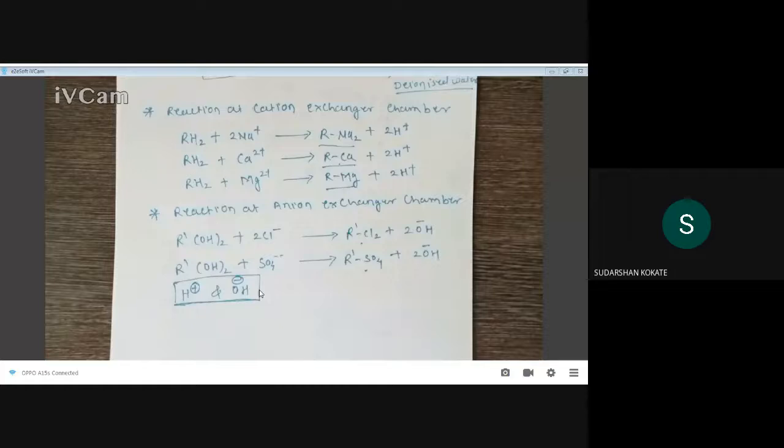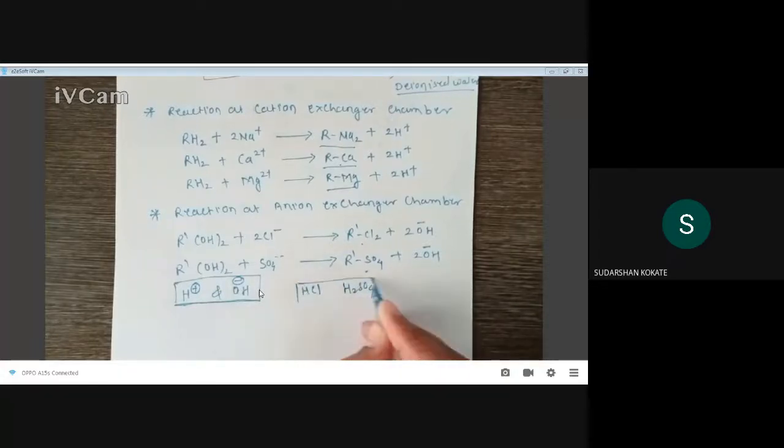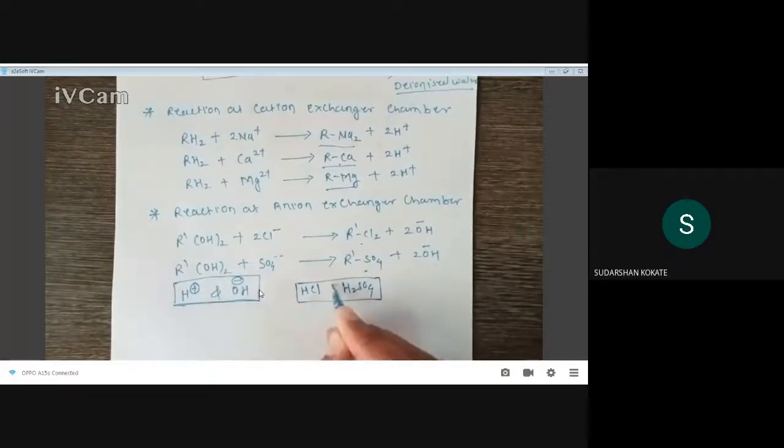So for regeneration of cation exchanger resin, we can use hydrochloric acid, HCl, or sulfuric acid, H2SO4. You remember this one. For regeneration of cation exchanger resin, dilute HCl or dilute sulfuric acid can be useful, right?